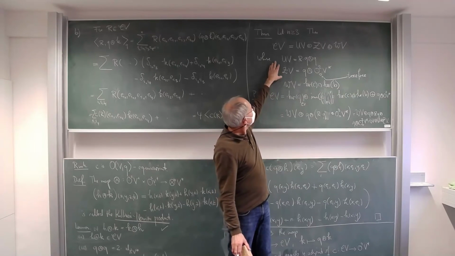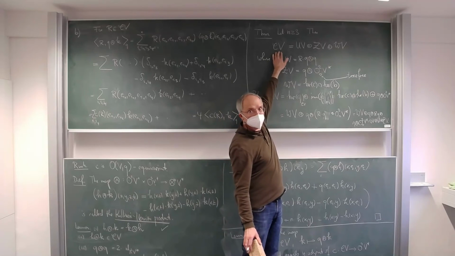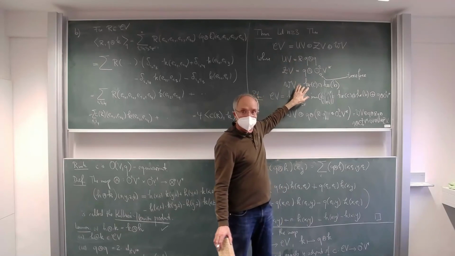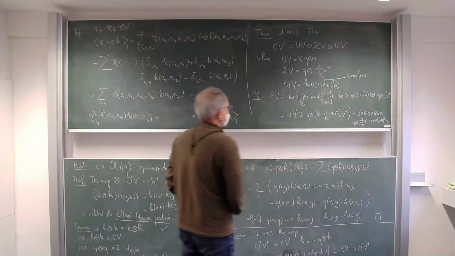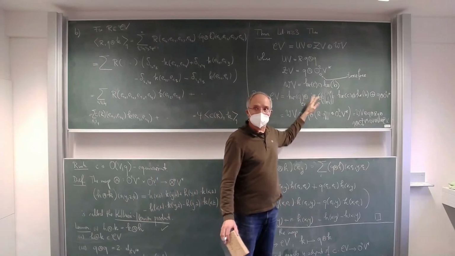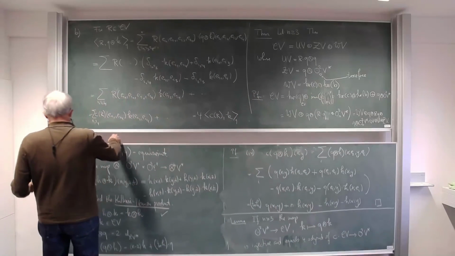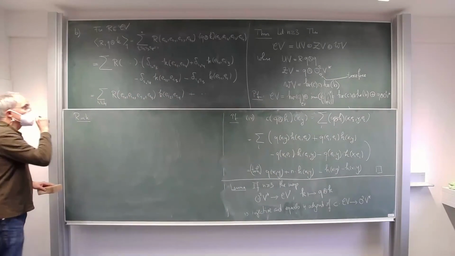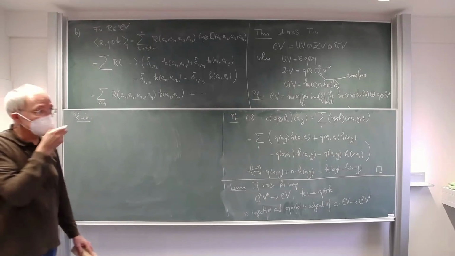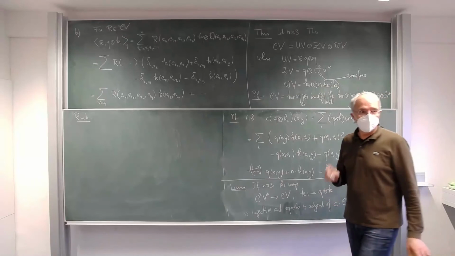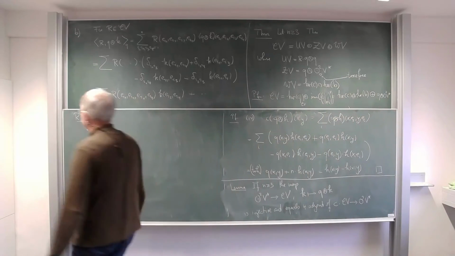If you act with an element of O(V) on a tensor here, this will leave these spaces invariant. This is because they have been defined as images and kernels of equivariant maps. Perhaps one remark. It's also orthogonal, and even more, it's actually the decomposition into irreducibles. So that's what I wanted to say.